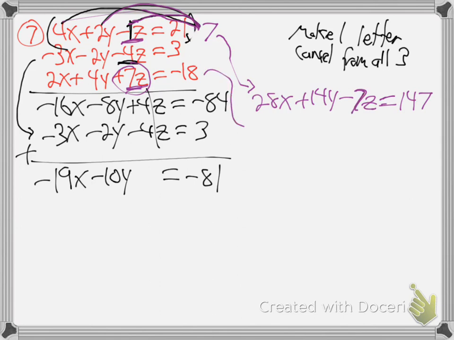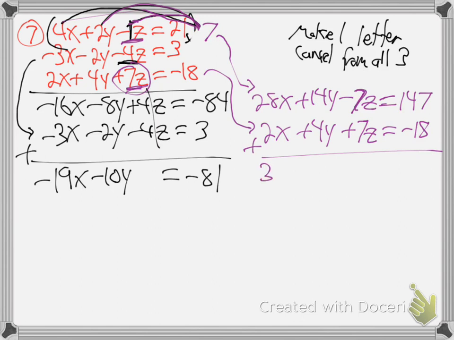Okay, and then the bottom one, 2x plus 4y plus 7z minus 18. Add them up. 30x plus 18y. These cancel. Minus 18, 129.